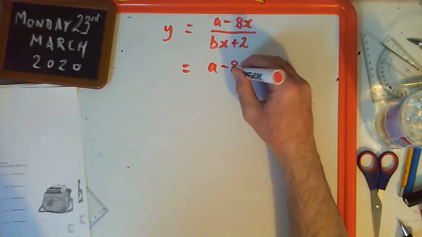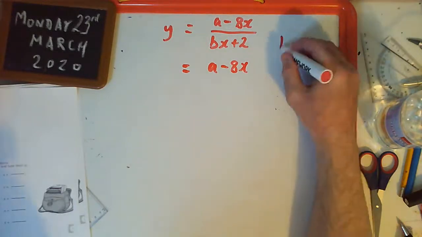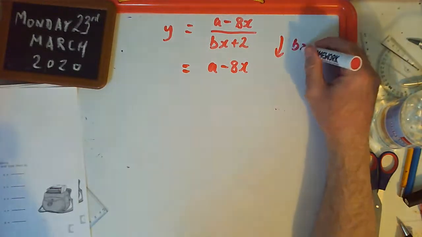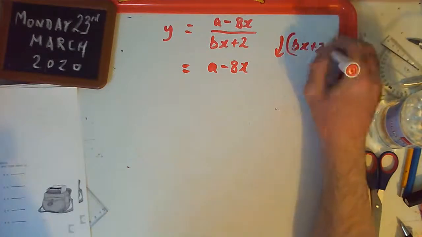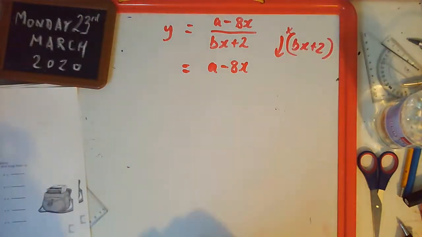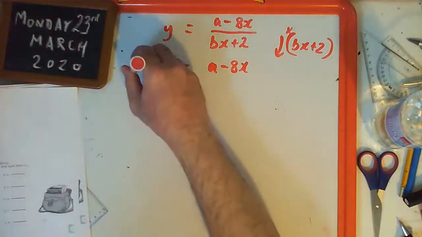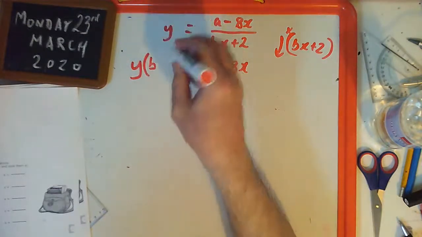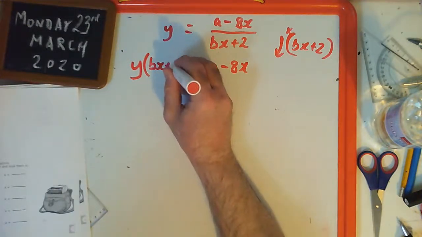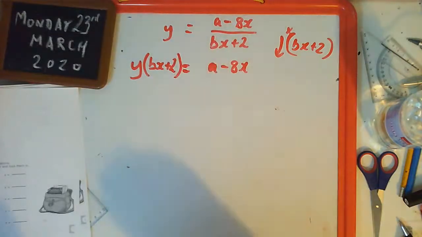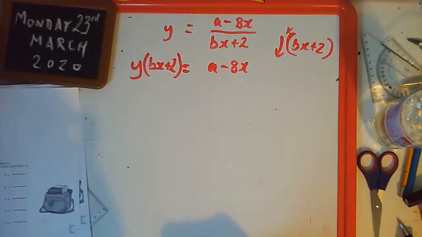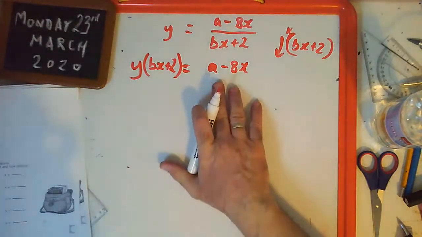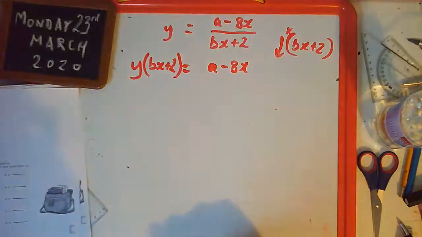So if I multiply everything by bx plus 2, then I just get the top bit. But I've got to multiply the other side by bx plus 2 in brackets as well. So y times the whole of the bottom of the fraction, bx plus 2 in brackets, equals the a minus 8x that I had on the top.